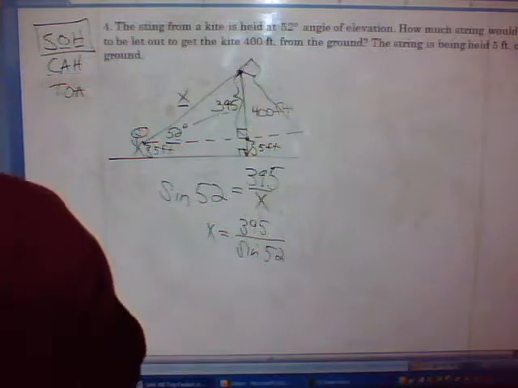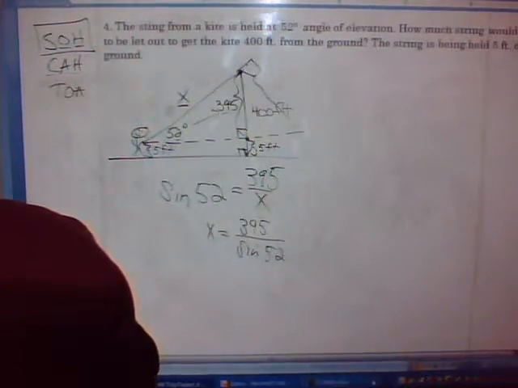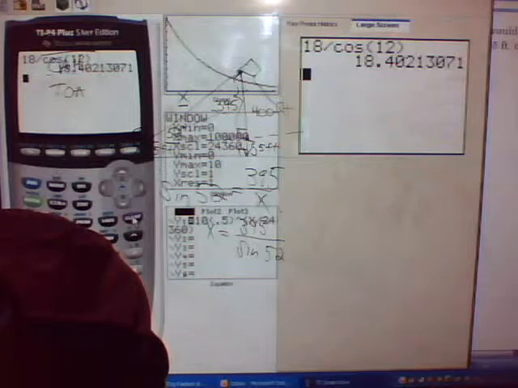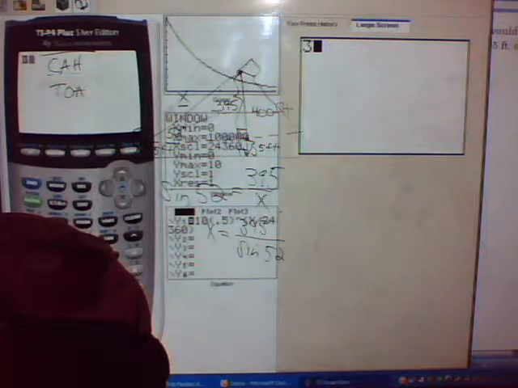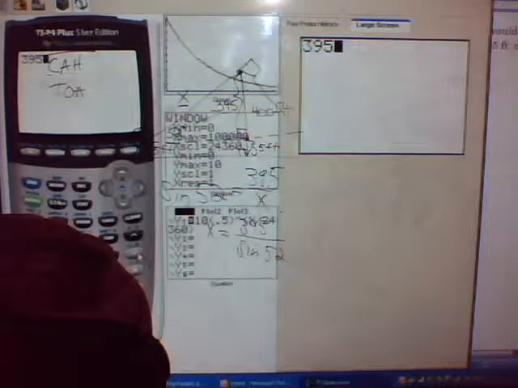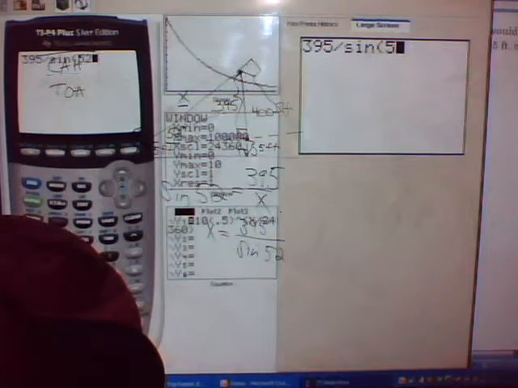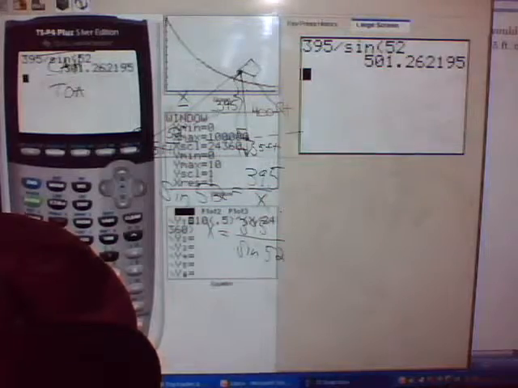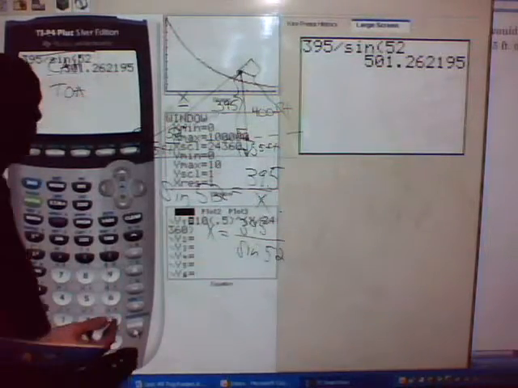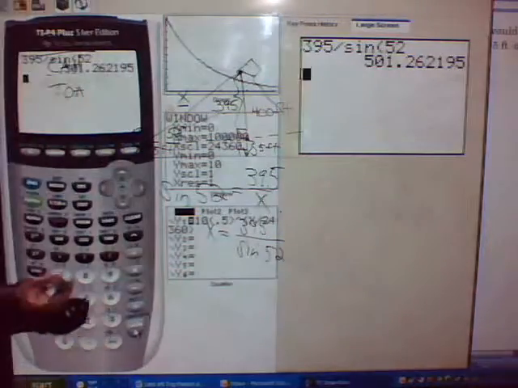Okay, so we pop that in the calculator. Clear. 395 divided by sine of 52, and we get 501.3.